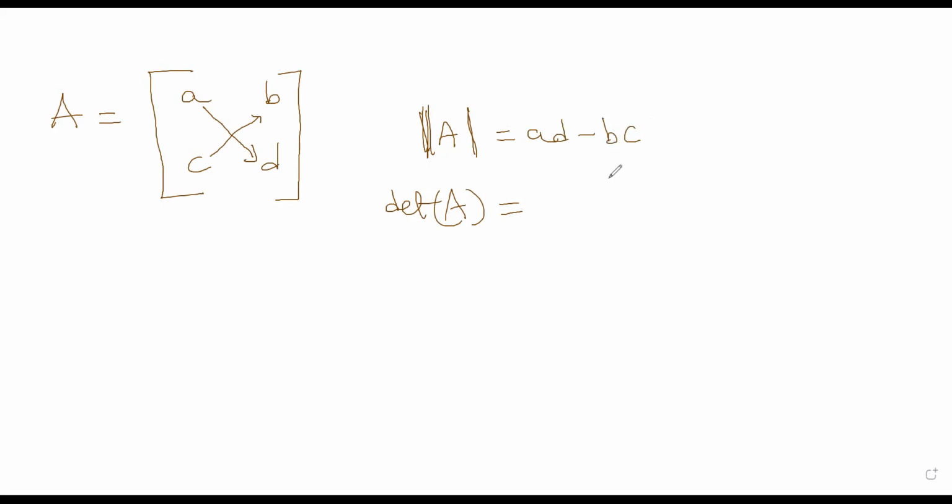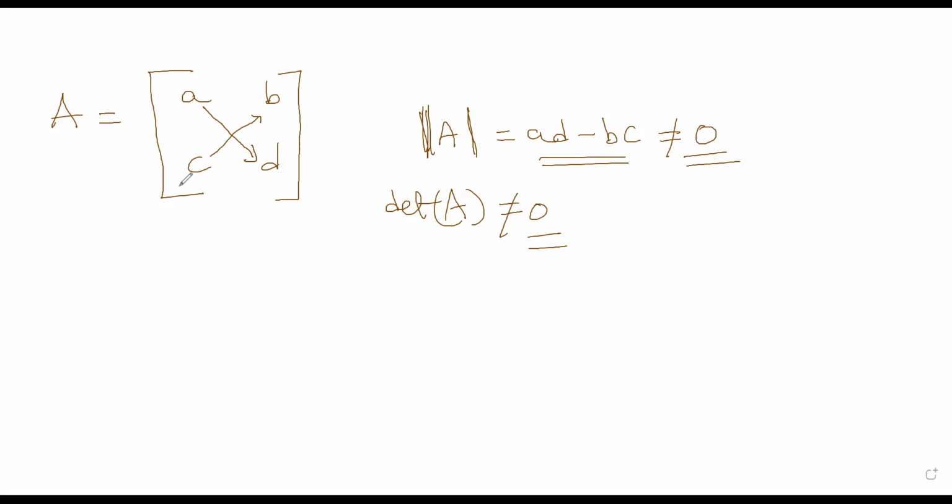To find the inverse, this should not be equal to 0. Det A should not be equal to 0. That is the first condition. It can be any number other than 0.